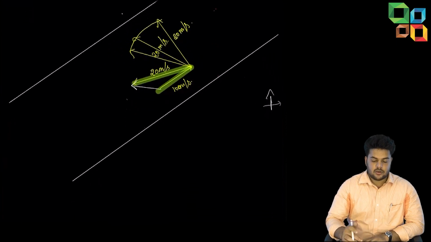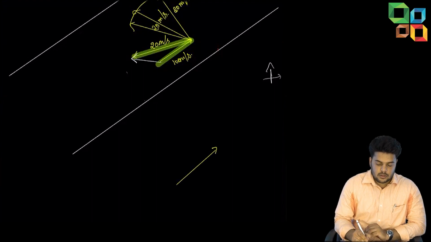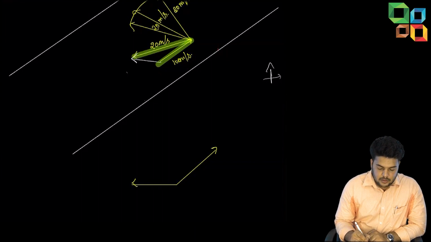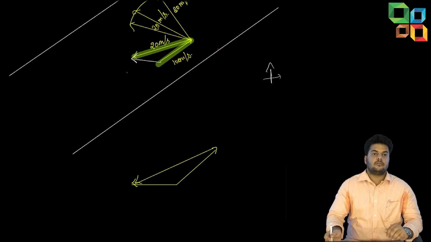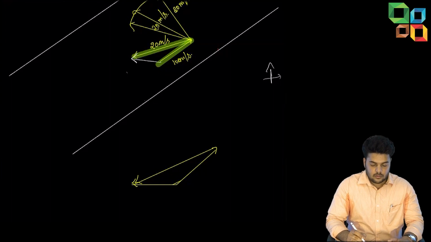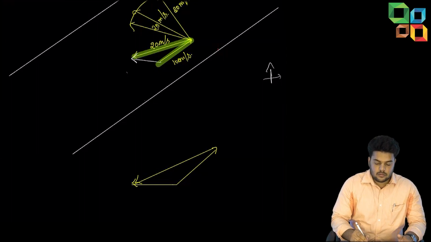Just draw the picture again. Just draw that triangle again. So northeast. This is supposed to be west. And here's the vector of 20 meters per second. So draw a line over here as well.